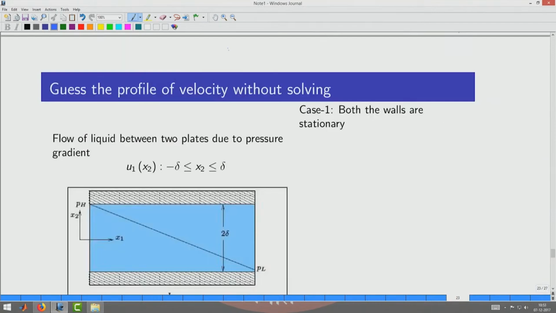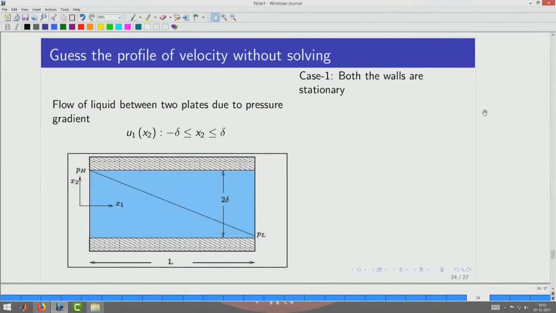Okay. So, let us just practice a simple problem without having to solve. What I want you to do is look at the problem and see how simple the solution can be. Here we have a flow of liquid between two plates, and it is happening only due to a constant pressure gradient, and there is nothing else happening.